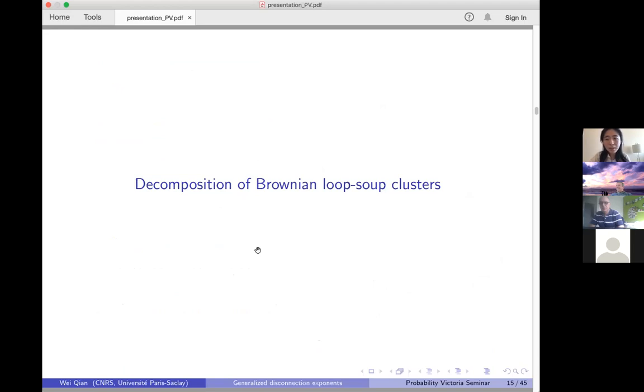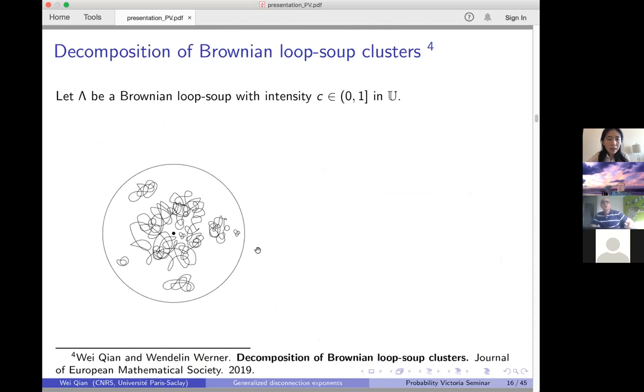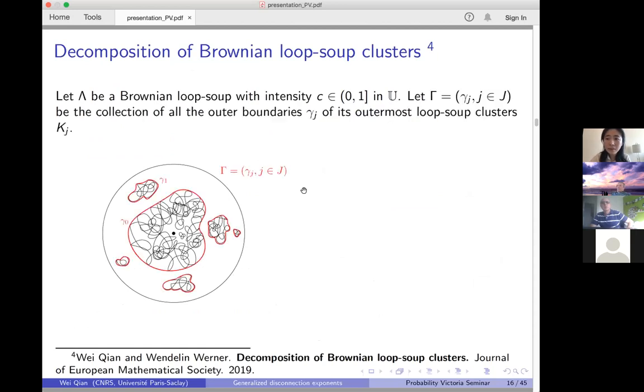So now let me present some of the results on decomposition of Brownian loop soup clusters. Here is a result joint with Wendelin Werner. We consider a Brownian loop soup Lambda with intensity C between 0 and 1. So it is a subcritical regime where you have infinitely many clusters.